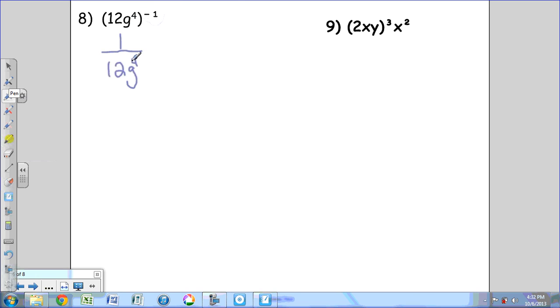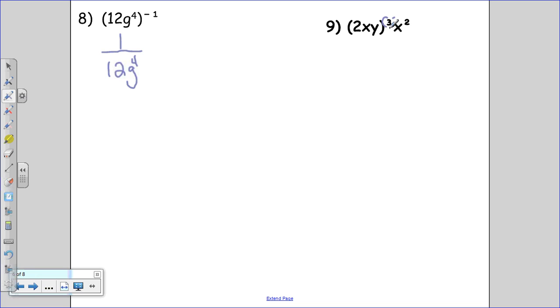All right, why don't you give number 9 a try? Okay, so in this case, I have this 3, and I have 3 numbers, so I'm going to give each of those the 3, so 2 to the 3rd, x to the 3rd, y to the 3rd, and then I got this x squared over here on the end, and I'm just going to bring it down and keep it.